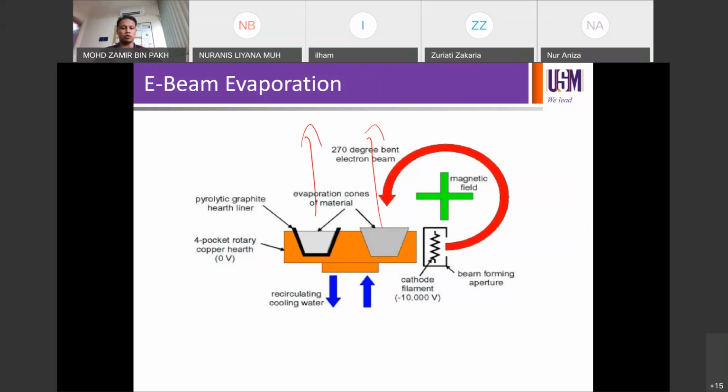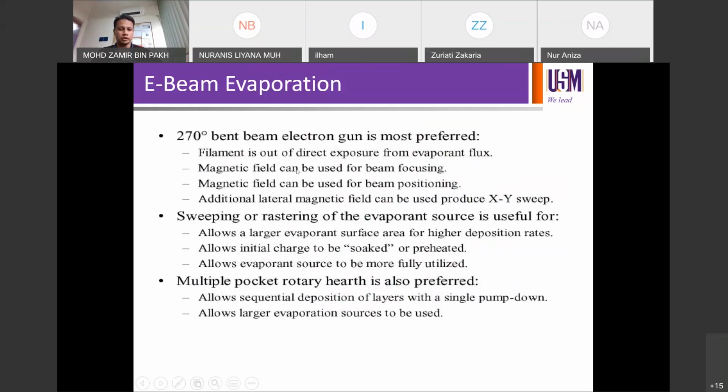You need to use cooling water as well, because the process uses a high voltage, high temperature system. So you need to use cooling water to constantly cool the system, or else you may end up burning the system. Right, so this is the mechanism. As I explained earlier, you can actually see this on YouTube.